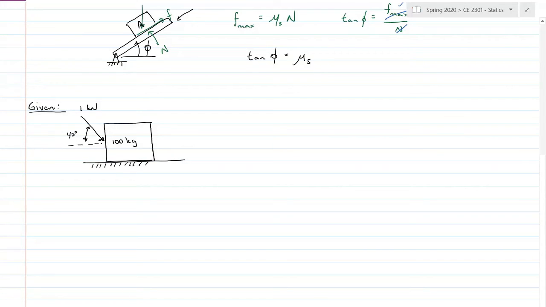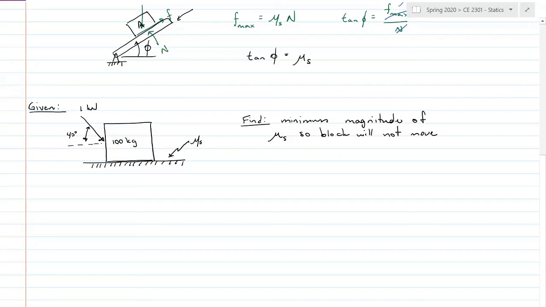And the coefficient of friction between the surface and the block will be represented by mu s. I want to find the minimum magnitude of the coefficient of static friction so the block will not move.